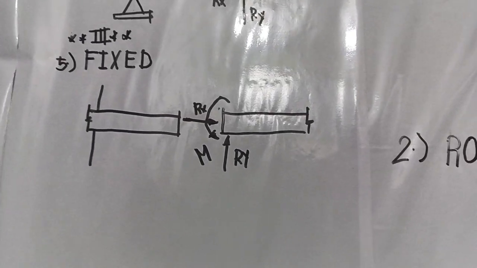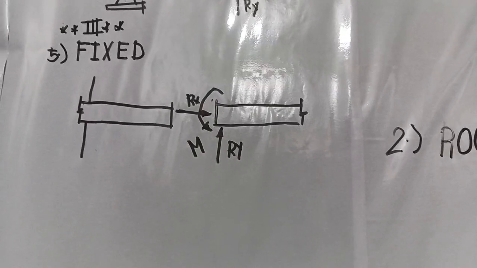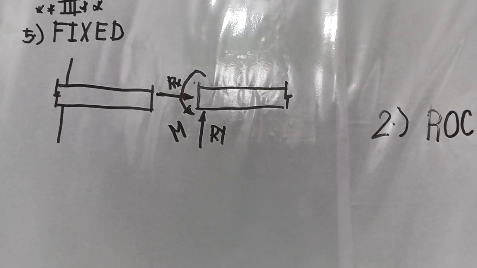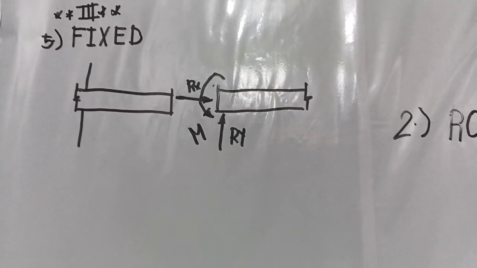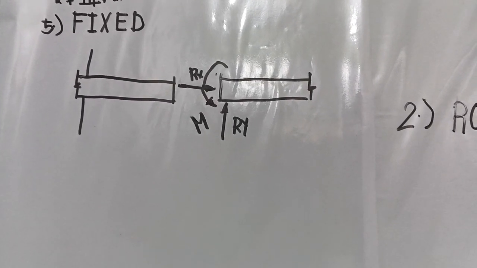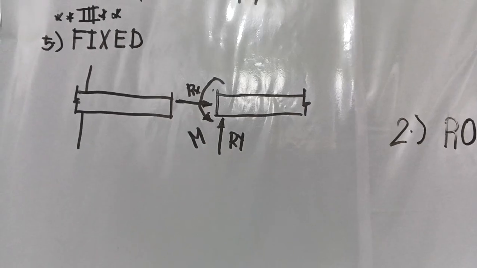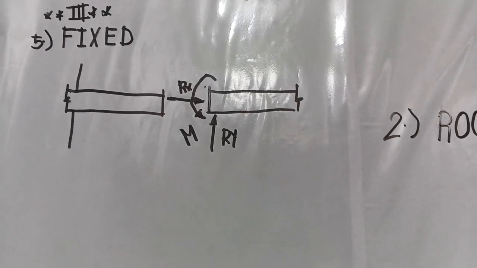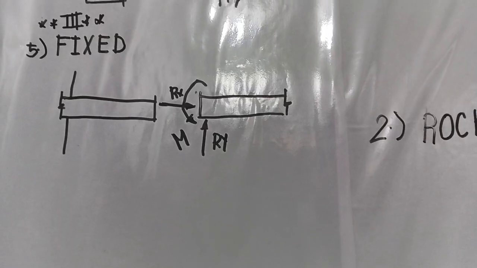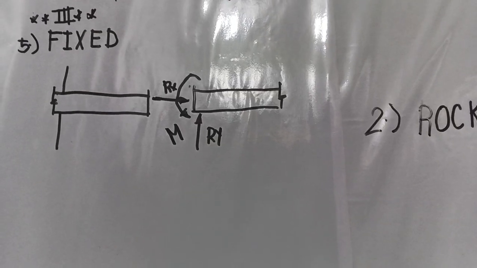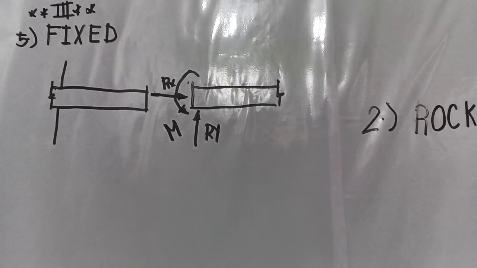Yan yung sa reinforced concrete, yan yung sa concrete natin, pag nagkakaroon tayo ng connection or supports na hindi talaga gumagalaw. So pag hindi gumagalaw yan, it can transmit rotation, it can transmit any type of force. Okay, so magkakaroon yan ng resistance completely. Pwedeng magkaroon ng torsion.